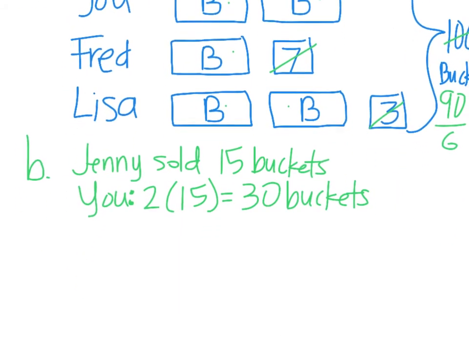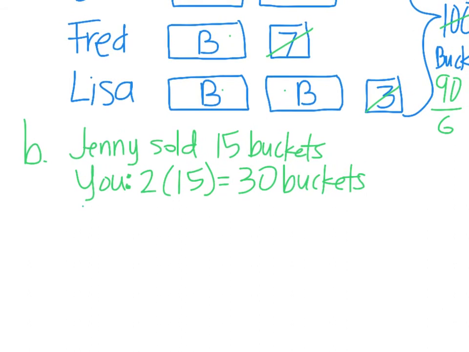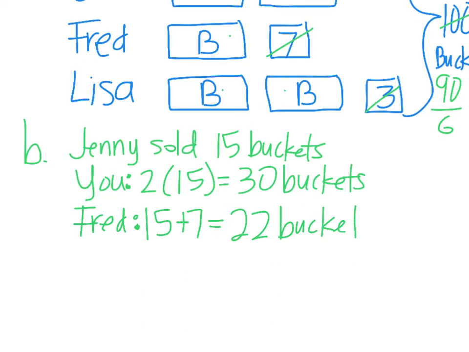Then Fred, 7 more than Jenny. So that's just 15 plus 7. And that equals 22 buckets. And then Lisa, she was 3 more than you. And since you were 30, it's 30 plus 3.